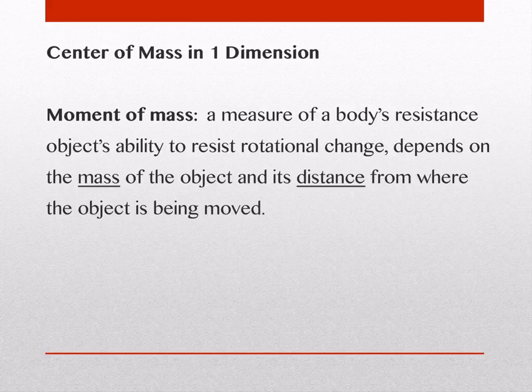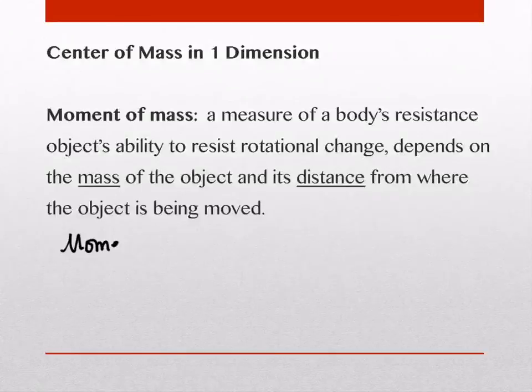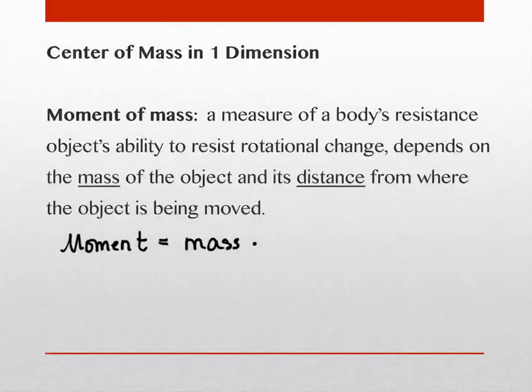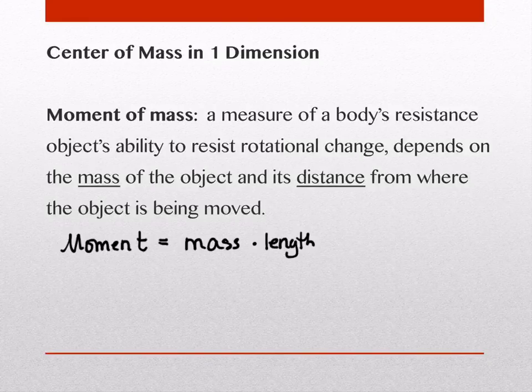So the moment, I usually have these typed already in here, but I don't for some reason today. The moment of mass is mass times the length of the moment arm.